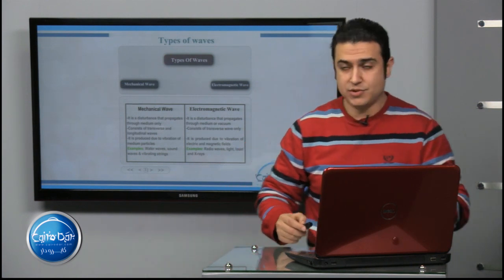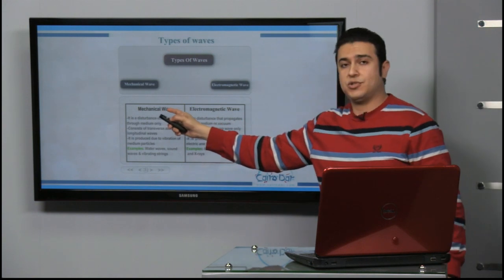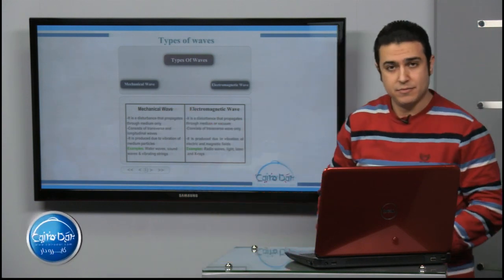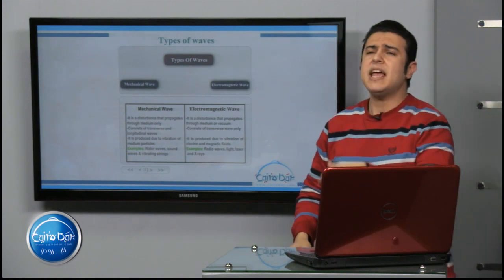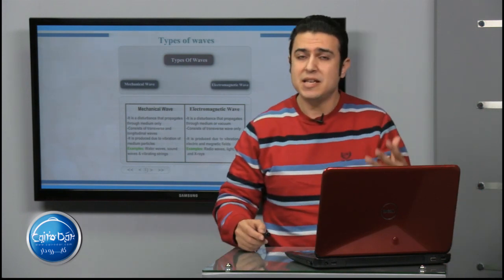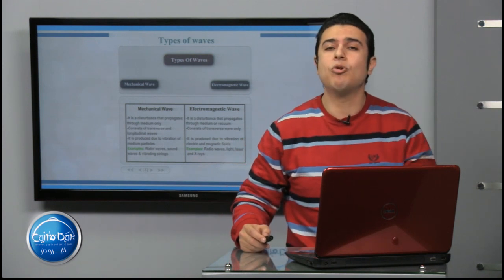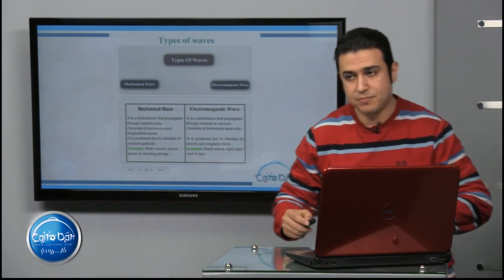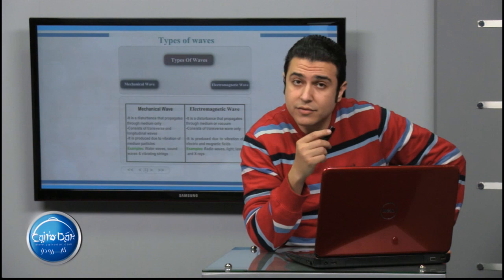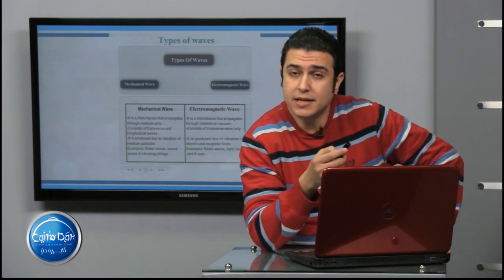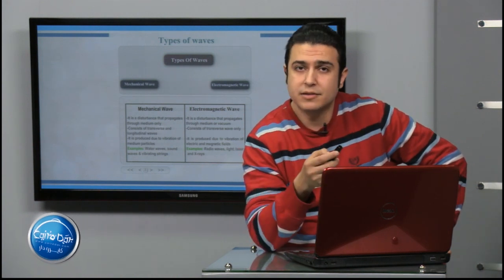So a mechanical wave is a disturbance that propagates through a medium only, such as water waves, sound waves, and any waves that need a medium to propagate. These are called mechanical waves. What about the electromagnetic waves? Electromagnetic waves are a disturbance that doesn't need a medium to propagate, such as light waves, laser, X-ray, ultraviolet, infrared.